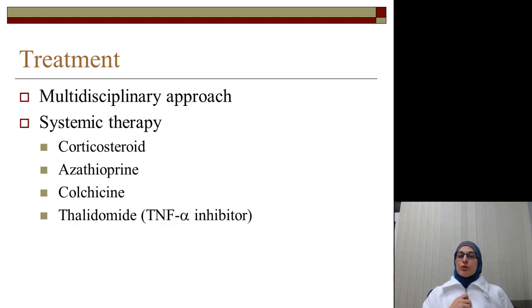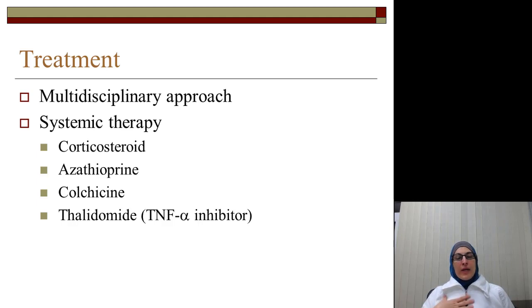What is our role? Your role as a dentist, as a general dental practitioner, is to recognize the condition, to know that this is not recurrent aphthous stomatitis, the simple form of idiopathic recurrent aphthous. This is part of a systemic condition.